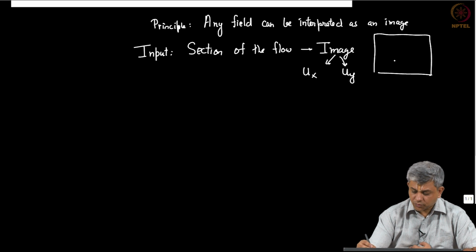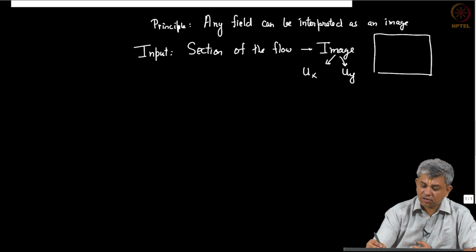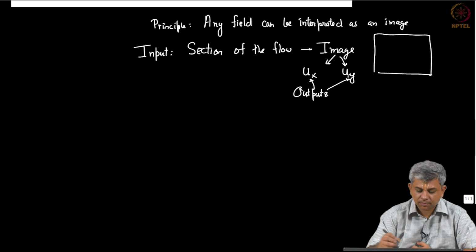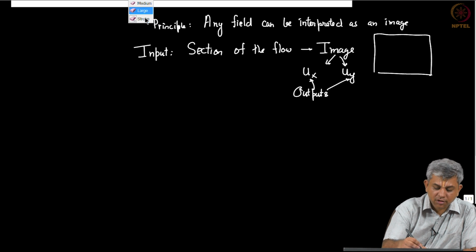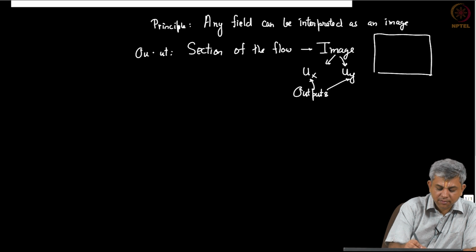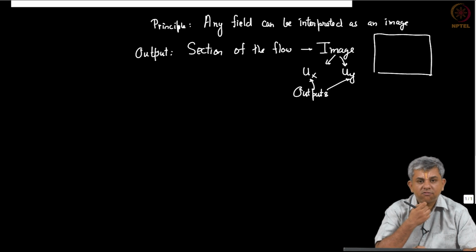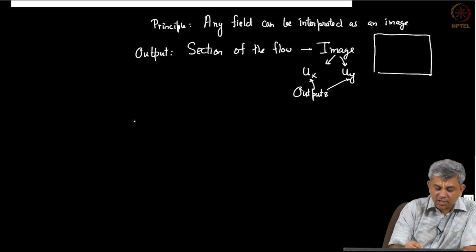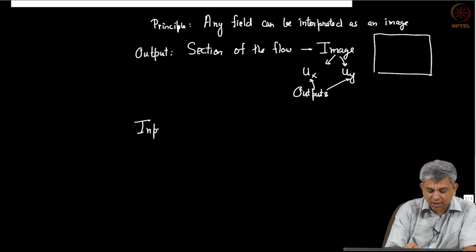Now, these are our outputs. I am sorry, I should have called this output rather than input. So, what we are interested in is actually the velocity of the flow as output. Okay. Now, what is the input? This is a little bit more interesting.